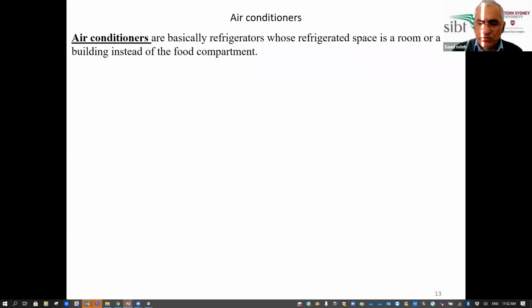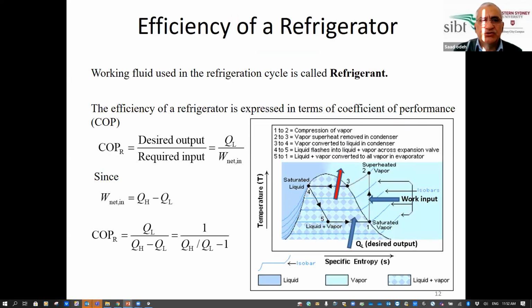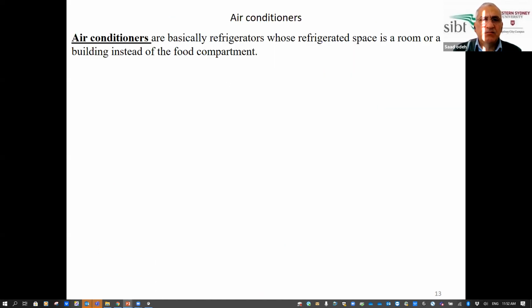Just quickly, because we mentioned here, this is the refrigerator equation or efficiency of refrigerator. Same thing happens with air conditioning system. The temperature of the refrigerator is much lower than the air conditioning system because we have a freezer inside the refrigerator, and this temperature may drop below 0.